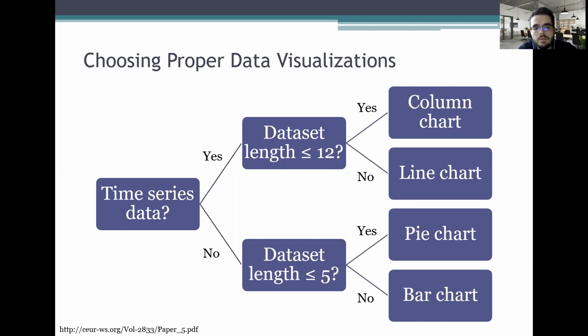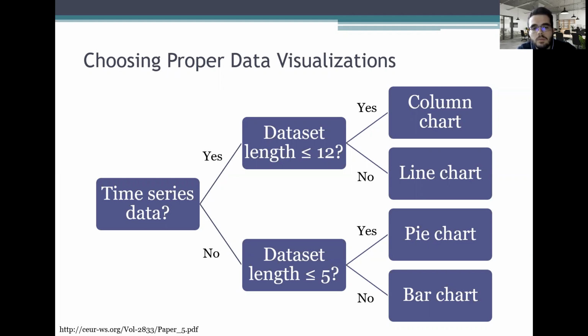First of all, we need to understand: is it time series data or not? If we are dealing with time series data and the data set contains more than 12 records, we can use a line chart for this. Otherwise, if it's fewer than 12, or it can actually be from 10 to 15 records, we can use column charts to distinguish different data dimensions.